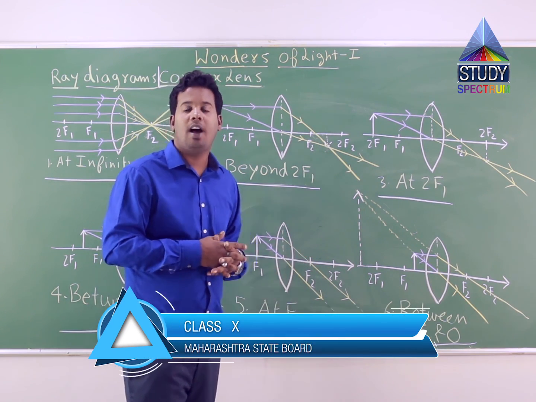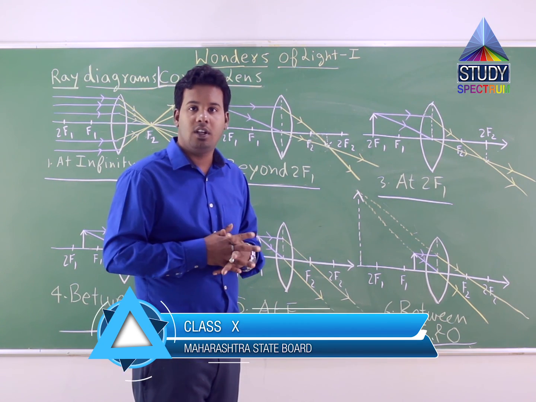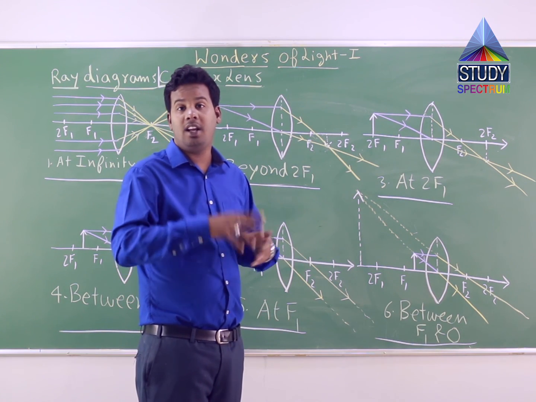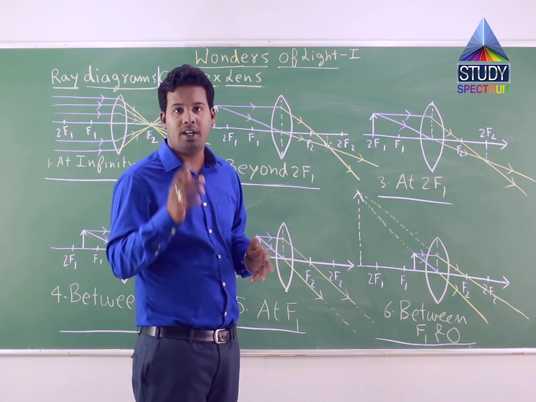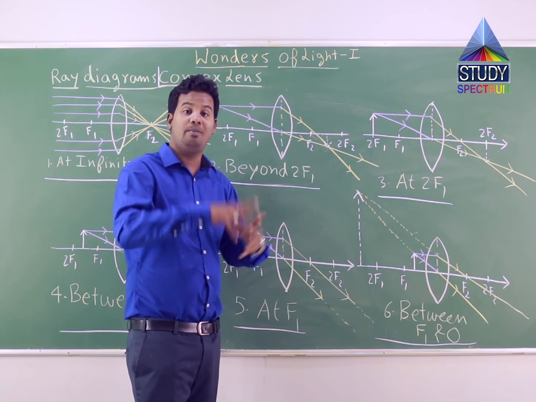Why? Because the value of h2, height of image, was infinite times the height of object. You are multiplying the height of object with a very large number, so height of image should also be a very large number, but it is turning out to be negative. That is why inverted and highly magnified.